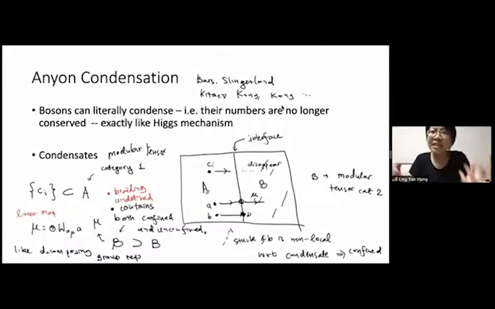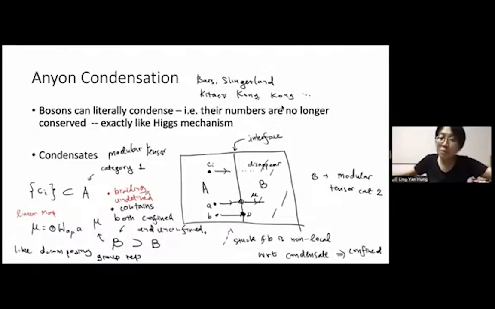It's more or less basically identical to the Higgs mechanism, in that the objects are some kind of representations of some symmetry. And now under the condensate, several representations would combine together to form a bigger multiplet.